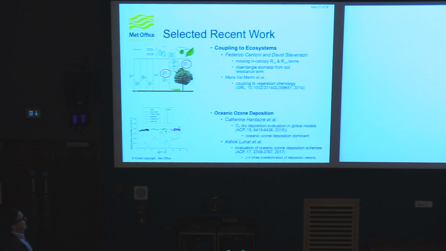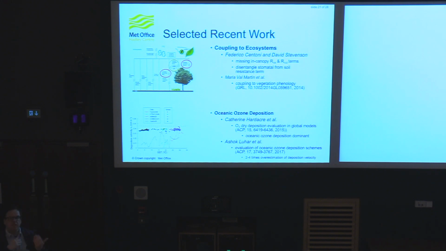And in a different study, Maria and co-workers have done more work on coupling deposition to phenology, which is basically the seasonal change in the growing and the reducing in the vegetation.